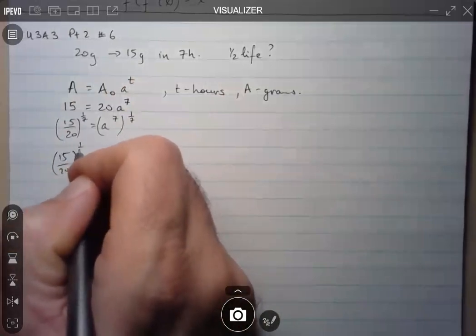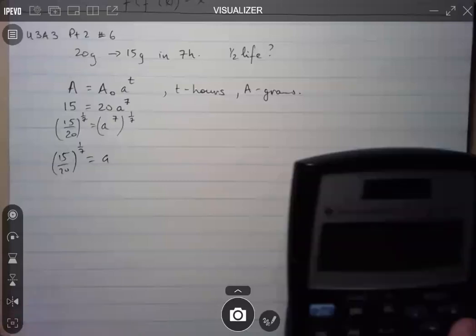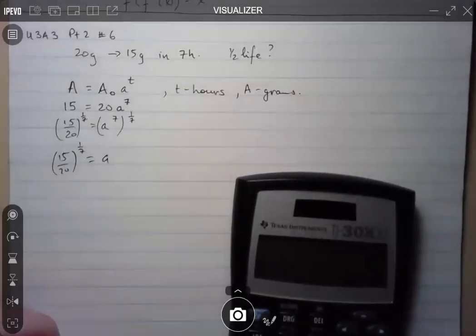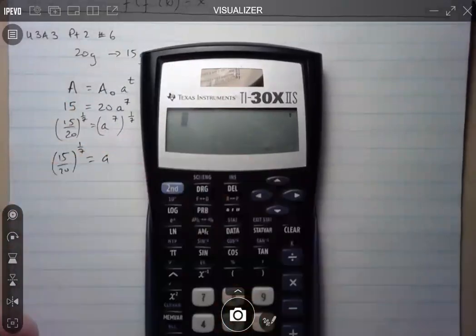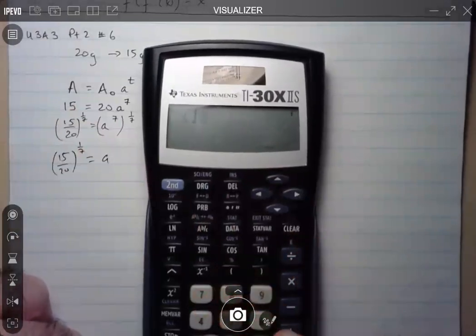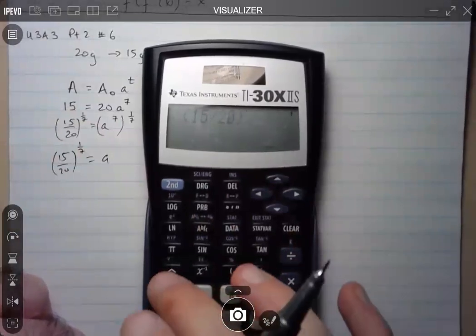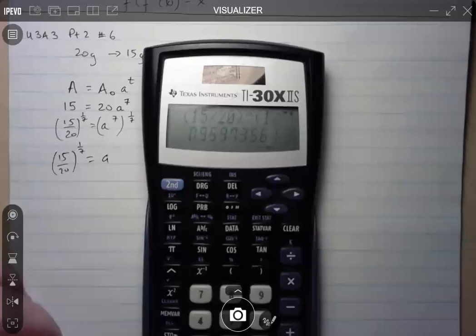I'm going to leave it as 1 over 7 because that's actually easier to input in my calculator than using different roots. I find it easier to input it as a fraction. I don't even bother simplifying 15 over 20 because I'll let the calculator do that for me. So I just do 15 divided by 20 to the exponent of 1 over 7, and we get 0.96.